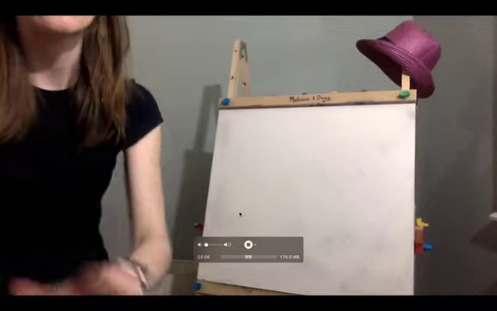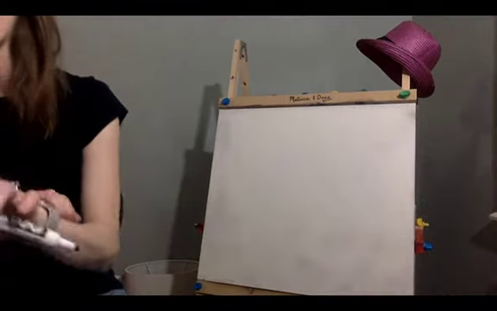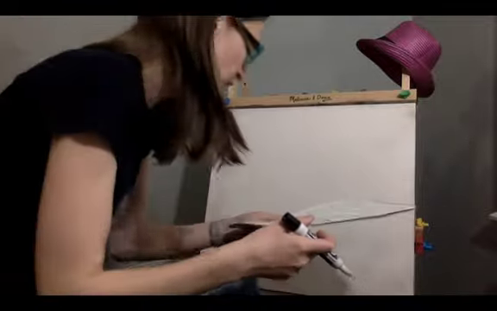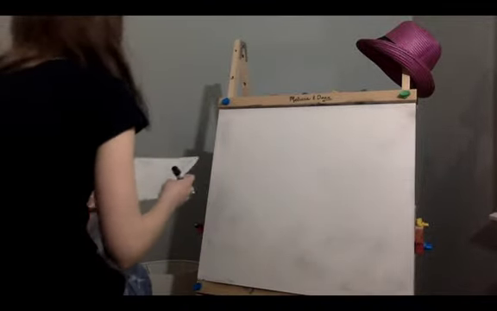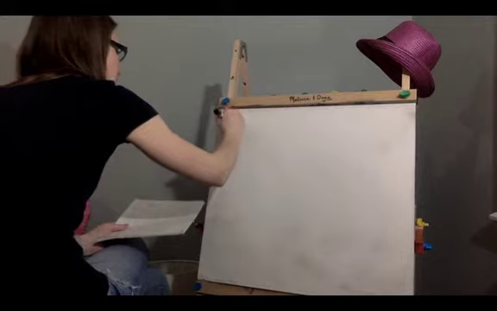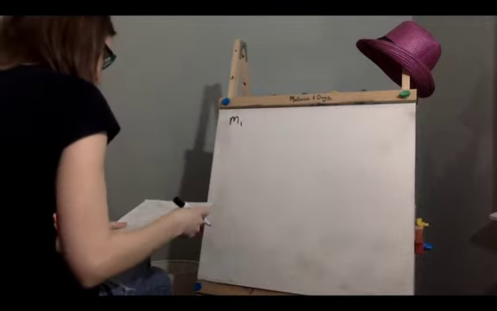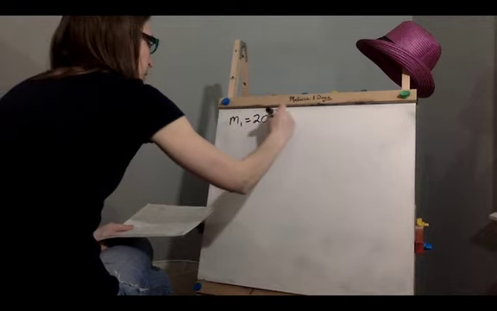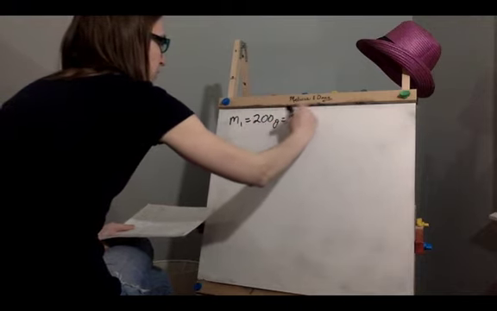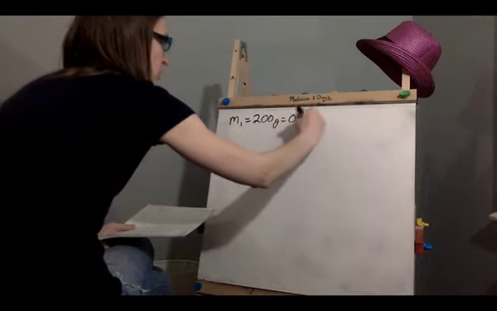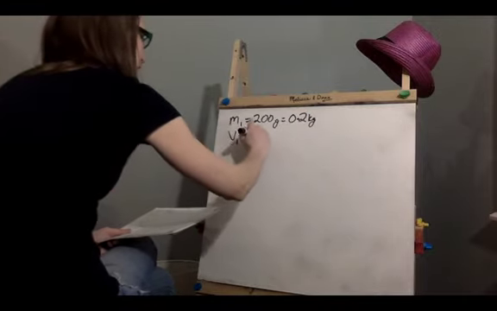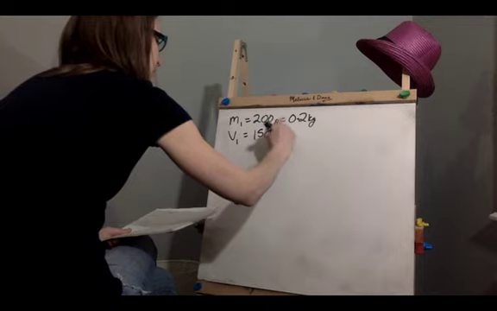So using our conservation of momentum in a collision, we have the following. We have the mass of our bullet, which we'll call M1, which was 200 grams. We need that in kilograms, so we divide by 1,000, so it's 0.2 kilograms. We have the initial velocity of that bullet, which was 150 meters per second.